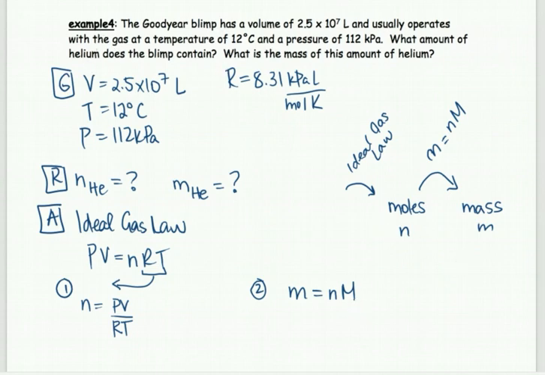Remember, any of the noble gases are not diatomic, so just write helium, neon, argon. The molar mass is 4 grams per mole, which you're just reading right off the periodic table.